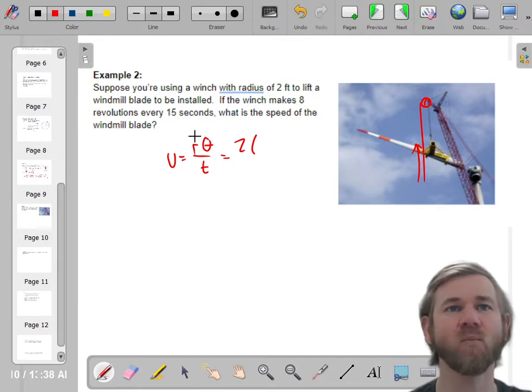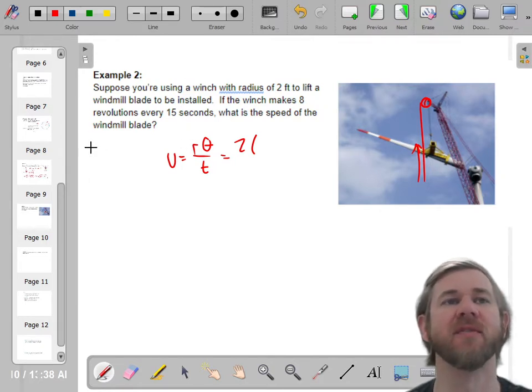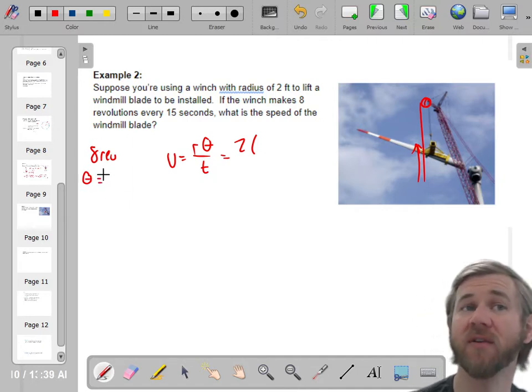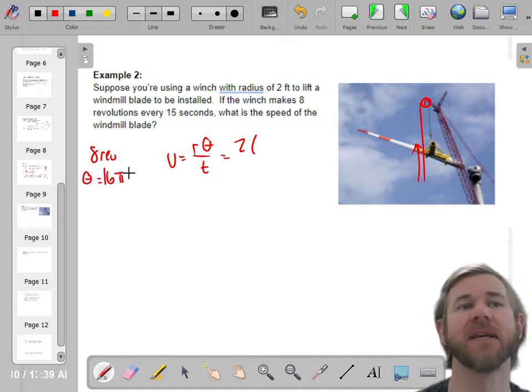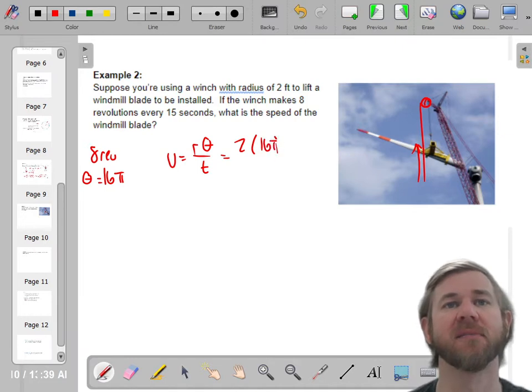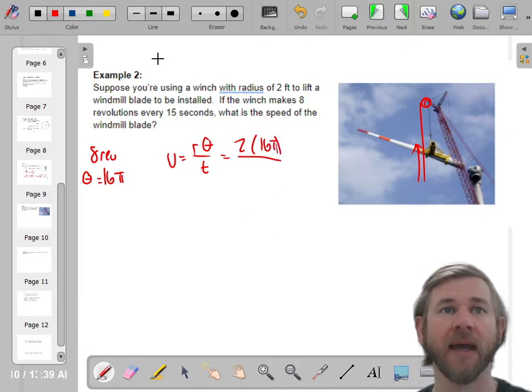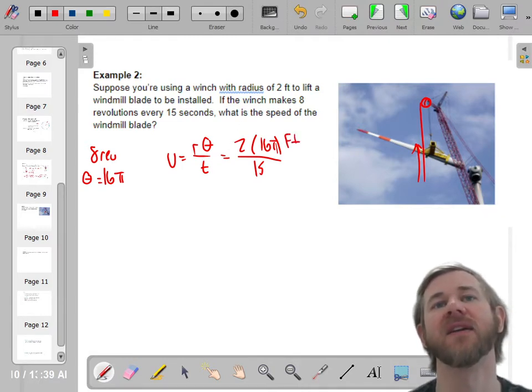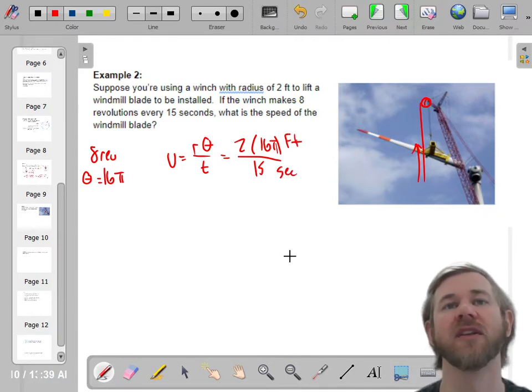Theta, 8 revolutions. So remember, if it's 8 revolutions, then theta would be 2 pi for every one of those. 2 pi times 8 is 16 pi. So this is 16 pi over, and the time is 15 seconds. Now again, this is a distance, so that's feet, and this is a time, so we're talking feet per second.